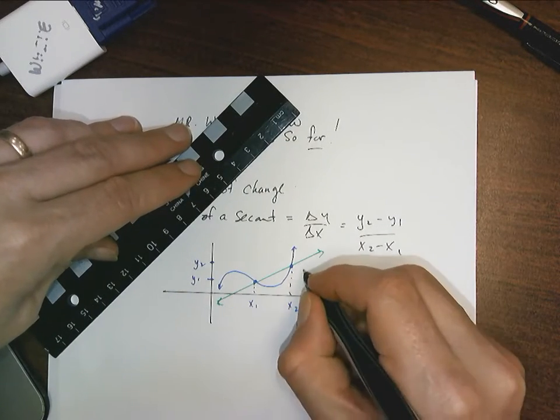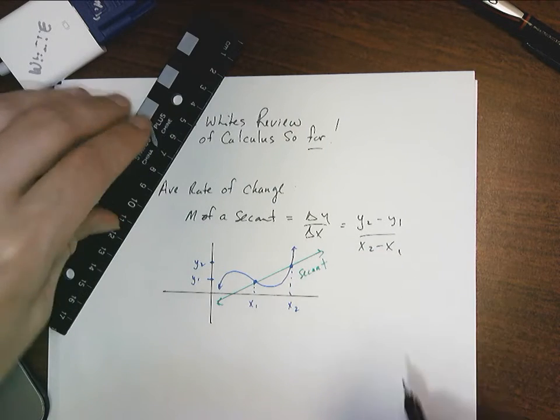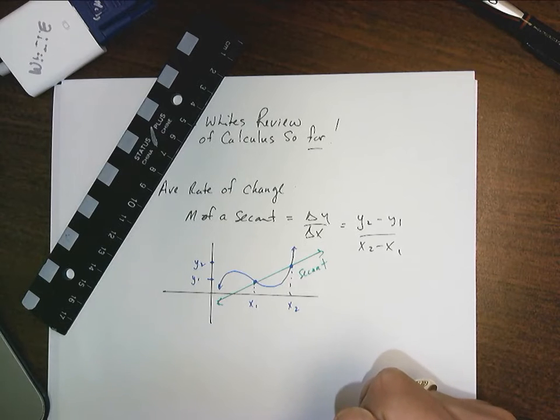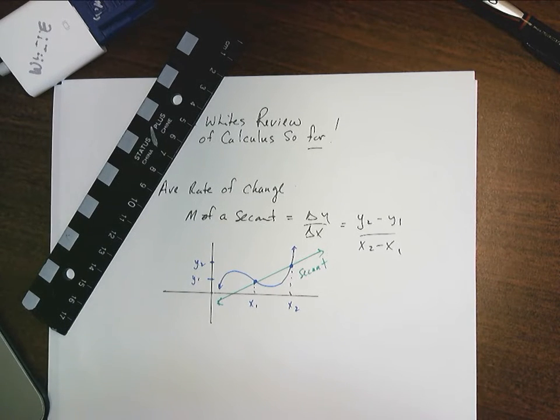And by definition, a secant is a line that will cross the curve at 2 points. So we talked about this a little bit, and that would be your average rate of change.